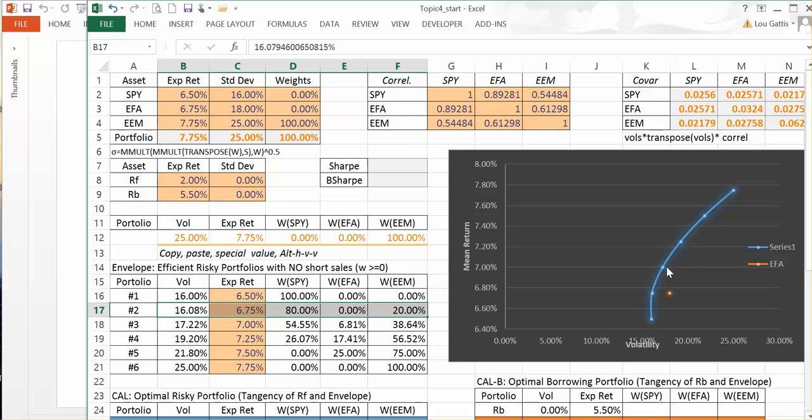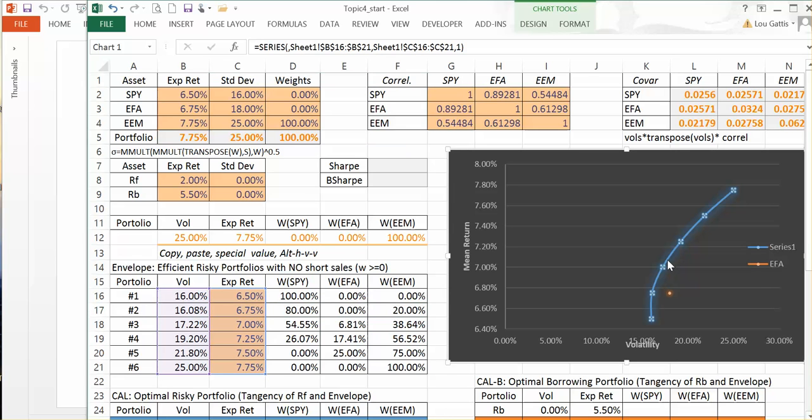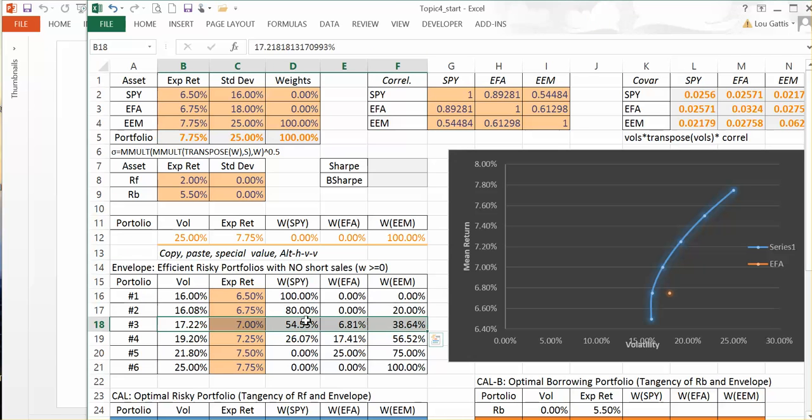And this one right here is clearly dominating EFA also. I see a portfolio on this line right here that I would rather have, which would be a higher level of return for the same level of risk. Actually, you can see this one clearly dominates. This third portfolio has less risk and more return. That third portfolio is 55% SPY, 7% EFA, and 39% EEM.